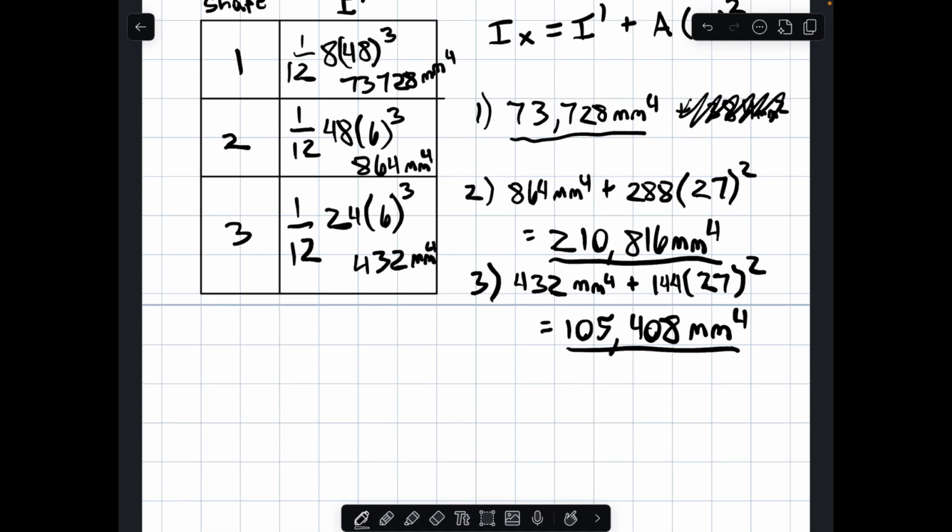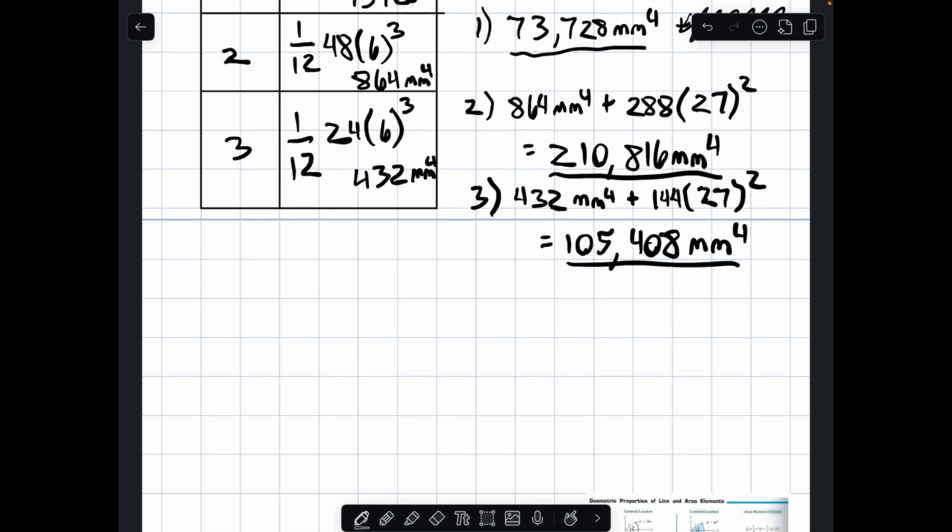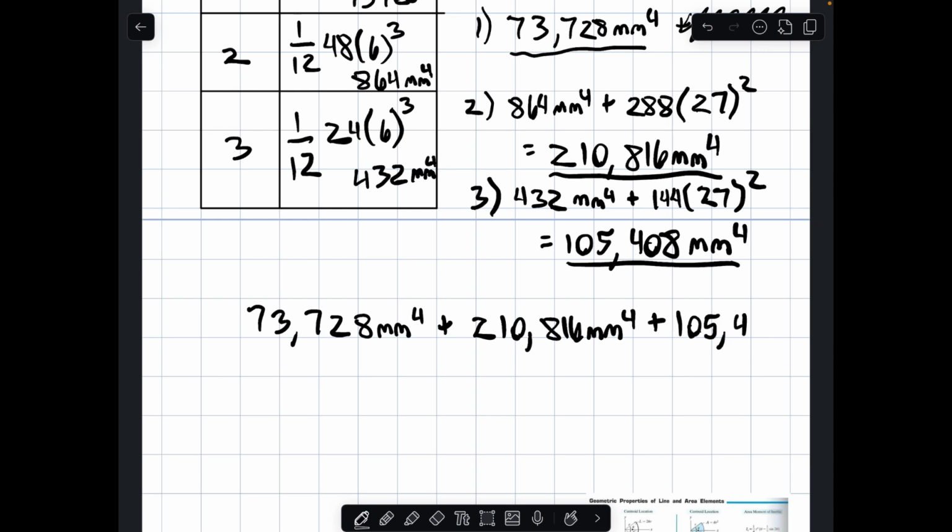So now that we have all our inertias, we just have to add them together. 73,728 millimeters to the 4th plus 210,816 millimeters to the 4th, plus 105,408 millimeters to the 4th.